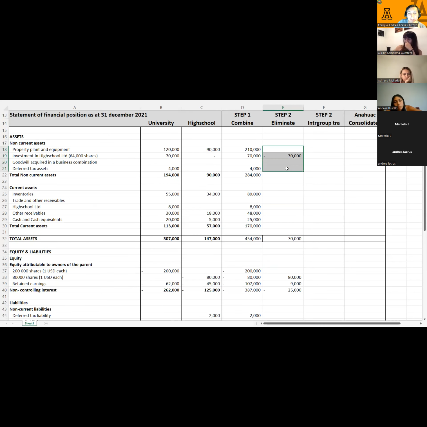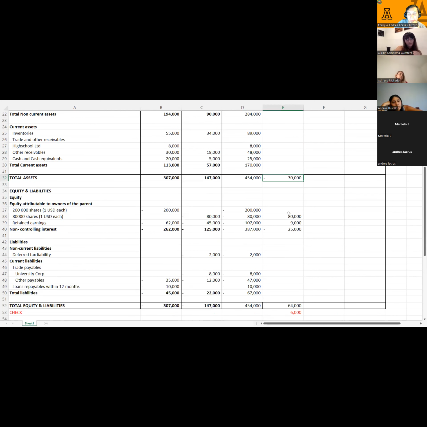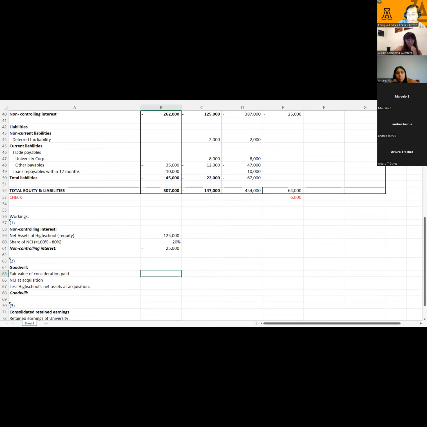If I invested 70,000 and when I get to the fair value of this, it adds up at 64,000, what's the difference that I paid compared to the value of the subsidiary? Goodwill. Exactly.